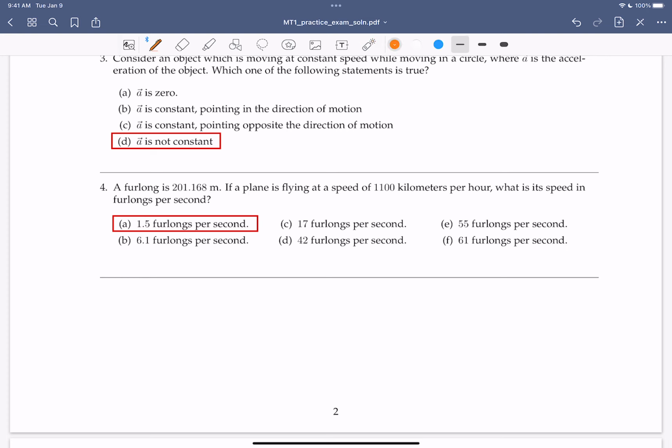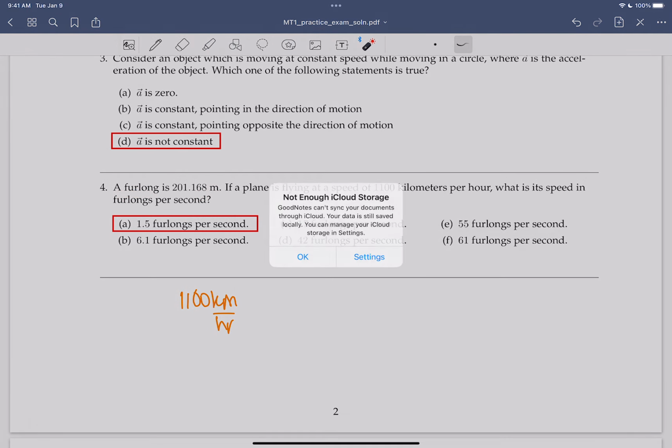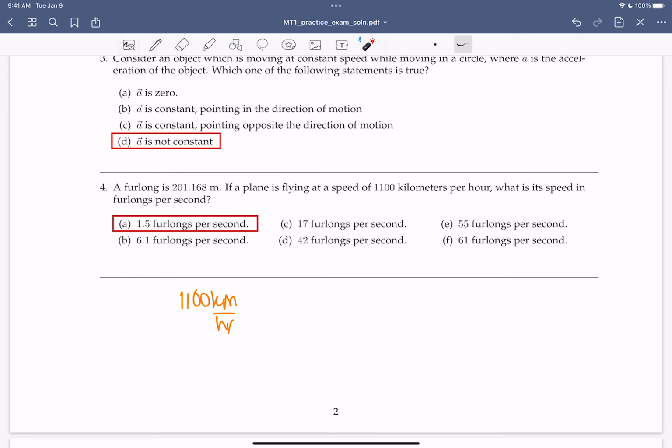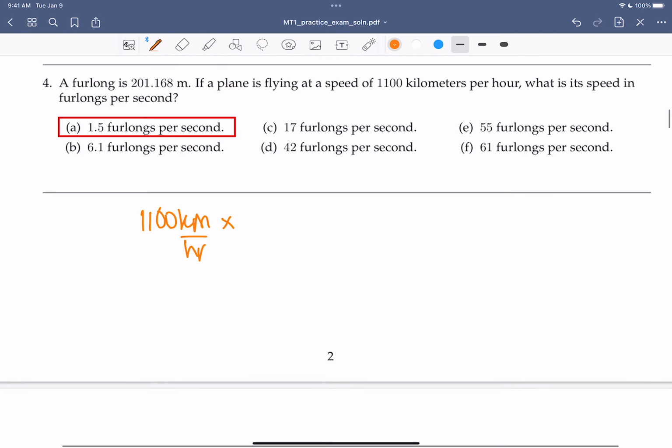Yeah, so that one real quick is 1100 kilometers per hour, right? And so we know that a furlong is in meters, right? We have this conversion factor here that a furlong is 201.168 meters, right? So we want to get it to a point where we're getting meters and then we can convert it to furlongs, right? So 1 kilometer is 1,000 meters, right?